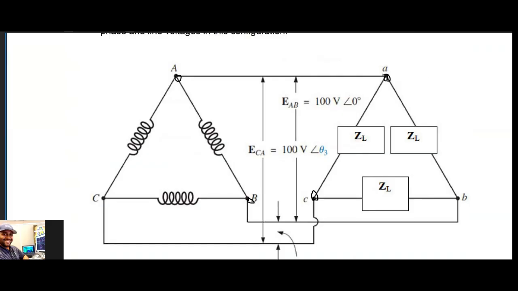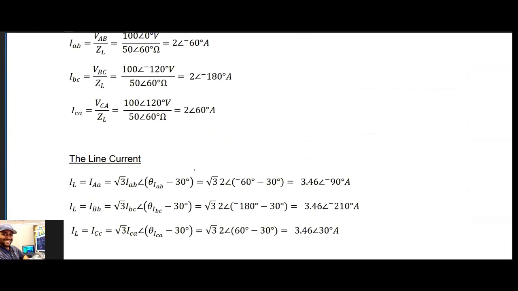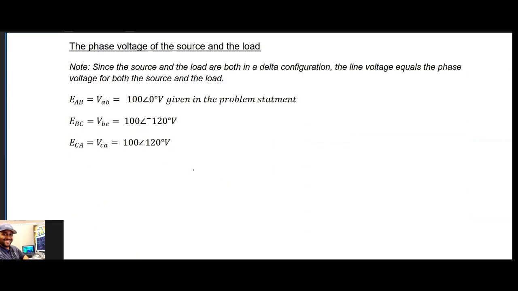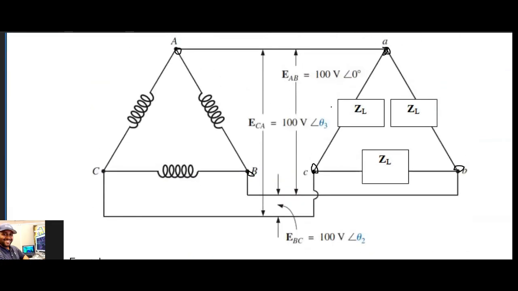This load right here is connected across A and B. Same thing for the other two phases. So all the phases for the source and the load are connected across two line voltages.